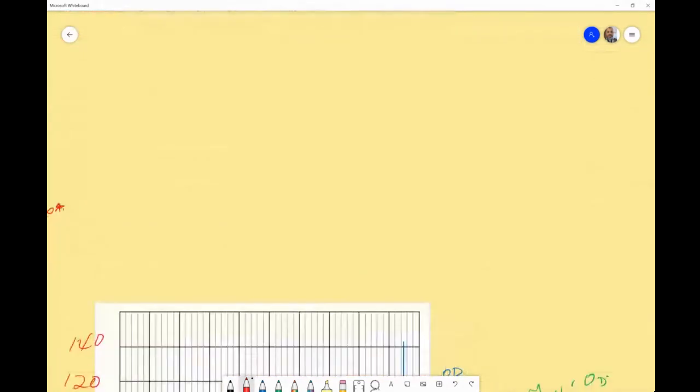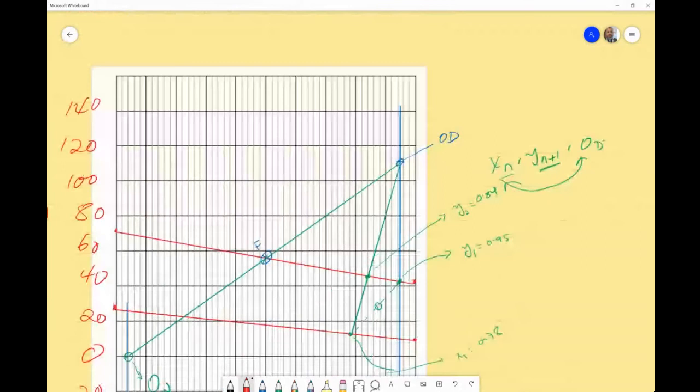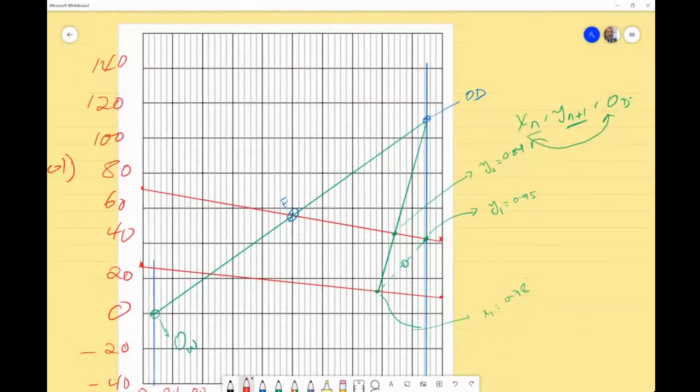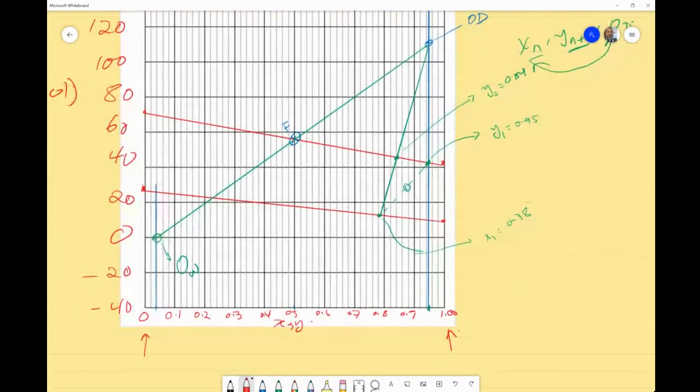So we go back here, 0.845. Where's my 0.485? It's going to be somewhere here. So this is my second point here.